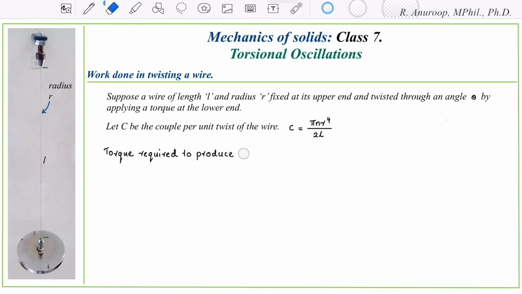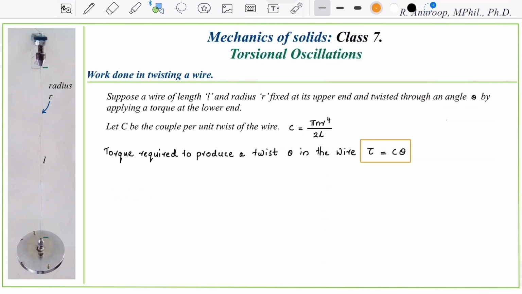What is the torque required to produce a twist theta in the wire? Let tau be the torque required to produce a twist theta, and tau is equal to c theta, where c is the couple per unit twist.